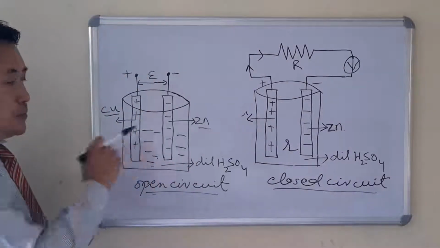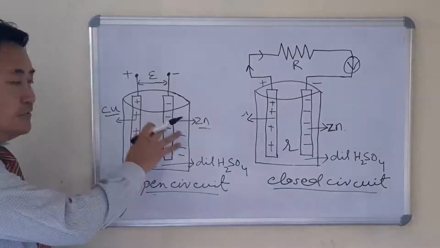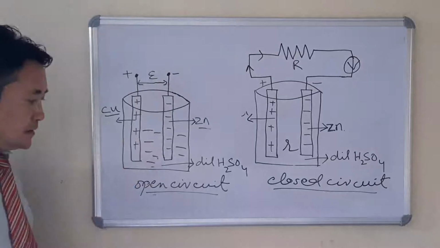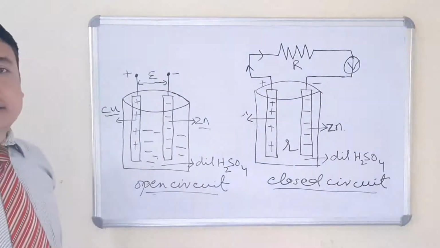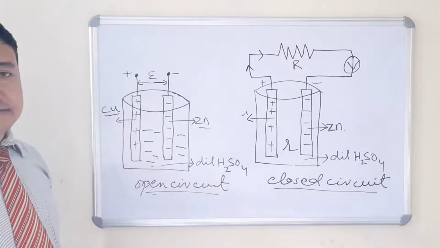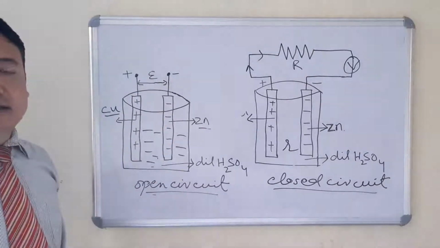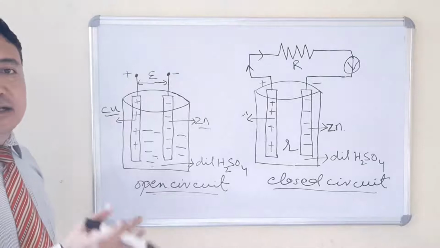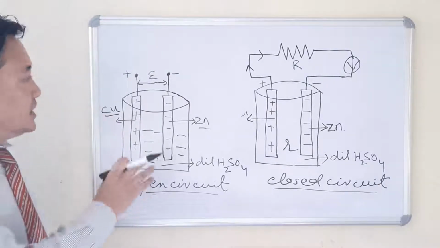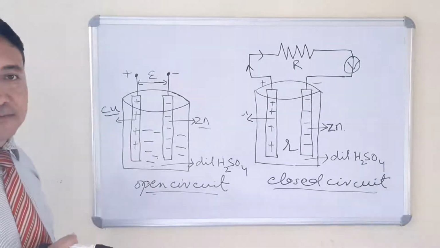Now, the next point. Again follow the same diagram, the open circuit. Now in a cell there are the electrode and the electrolyte.